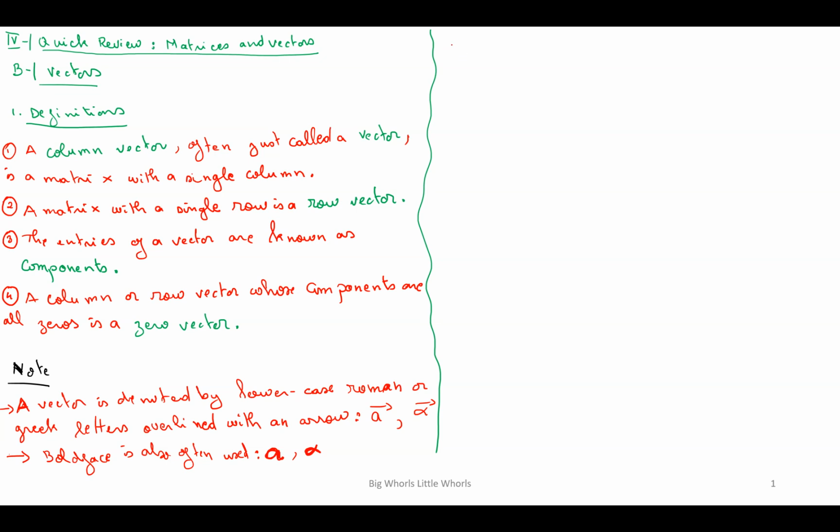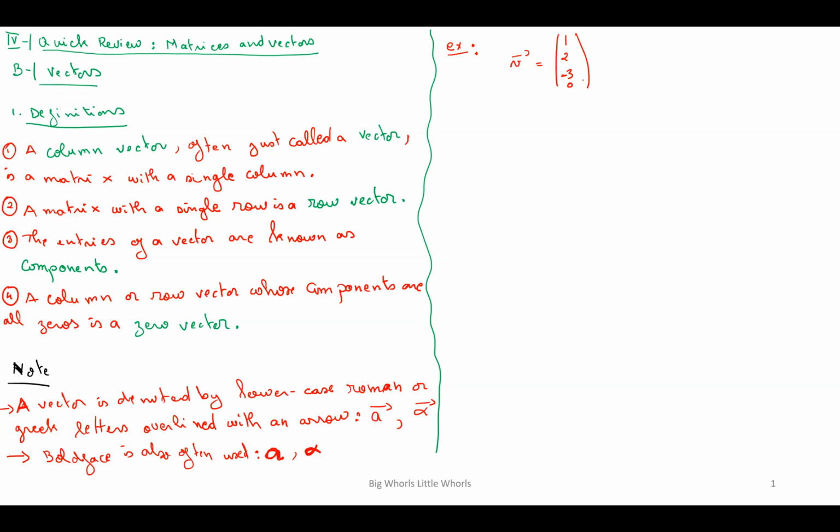So let me give you an example. We have a vector v whose components, that means its entries, are 1, 2, minus 3, 0.